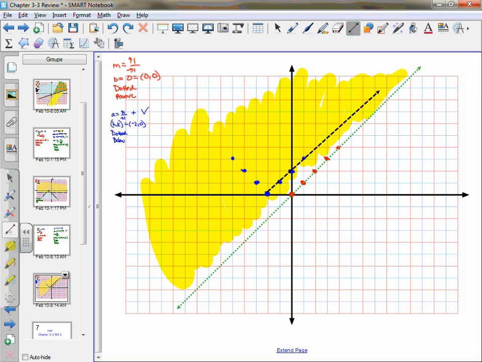There's one part, there's the other part, and where do I shade? I'm going to shade below that. So every place below the V is what I shade.